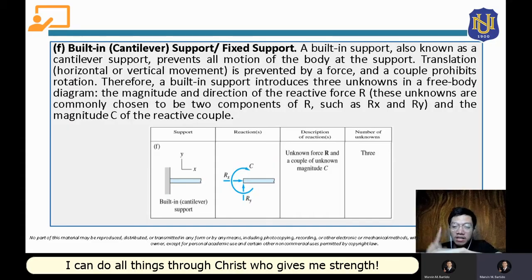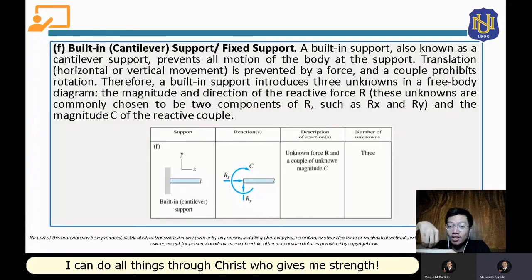The reaction force is just a normal force, which is a vertical force, because that roller is only restricted to move upward or downward. Since it is restricted, it will have a vertical reaction.